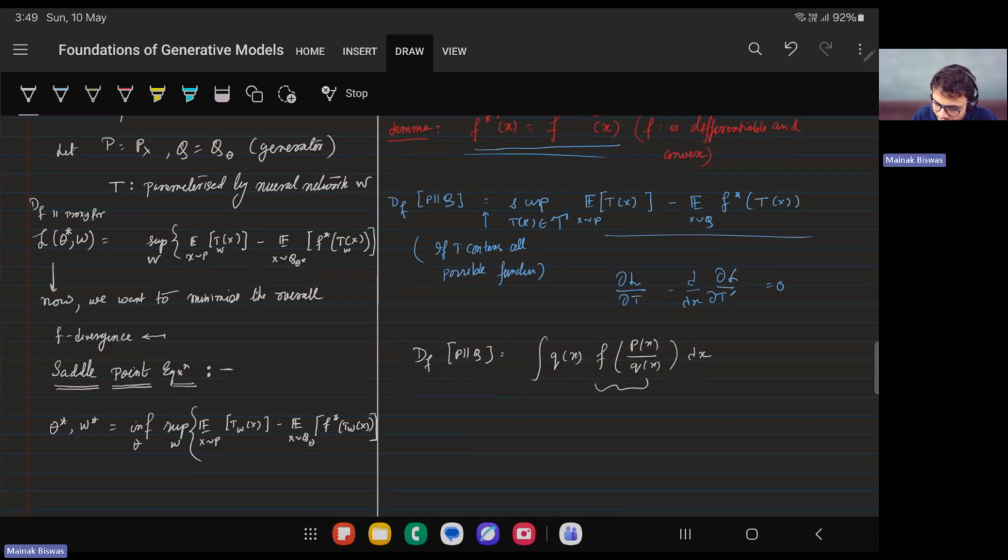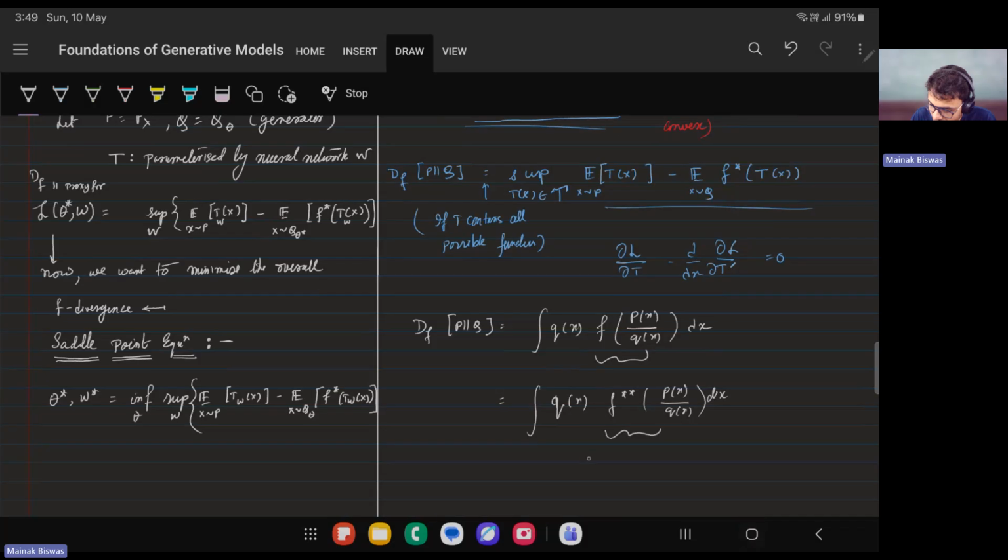So we will have the integral of Q(x) times f double star, the Fenchel's conjugate. And we said that this is nothing but equal to the supremum over T belonging to the domain of f star of P(x)/Q(x) times T minus f star of T.